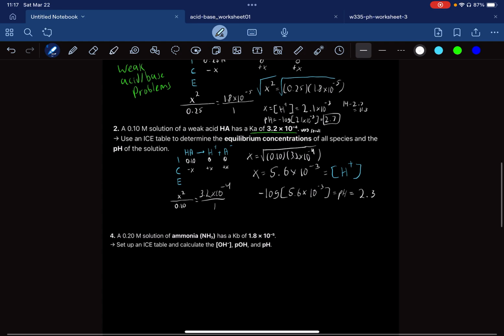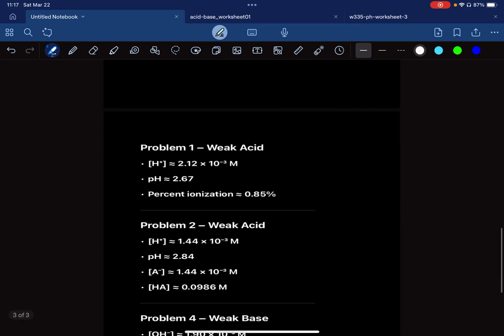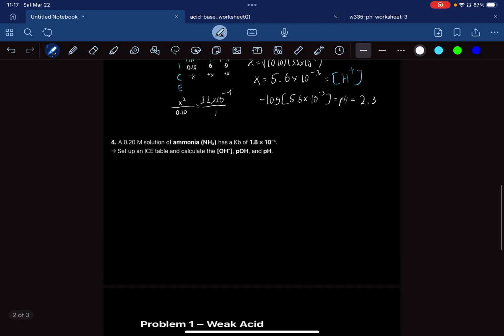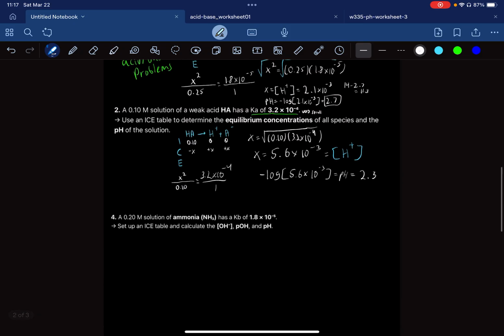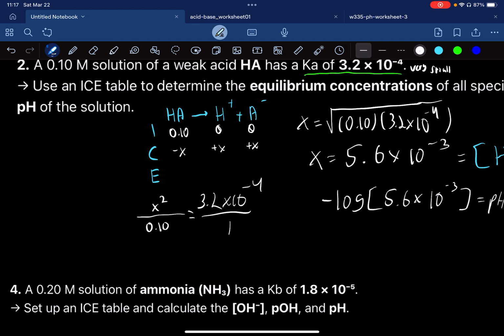Okay. Did I mess up anywhere? Let's see. So they got 2.84. 1.44. Did I square root it? Let's see. All right. Number's slightly off.